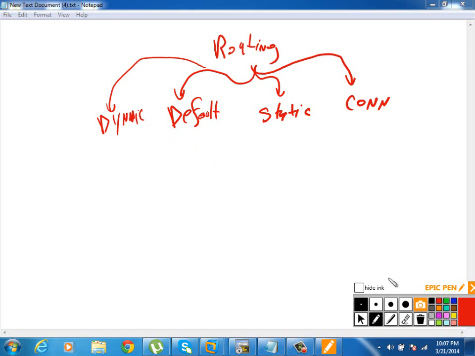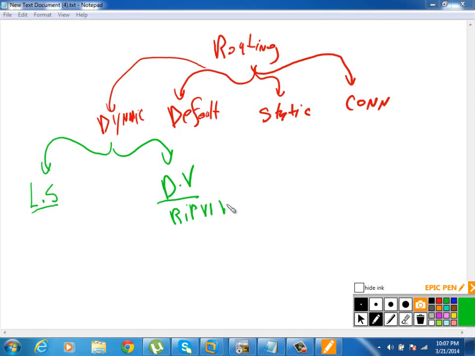The dynamic configuration, our subject, includes two parts: DV, or distance vector, and another type, link state. Okay, we already configured RIP V1 and V2.